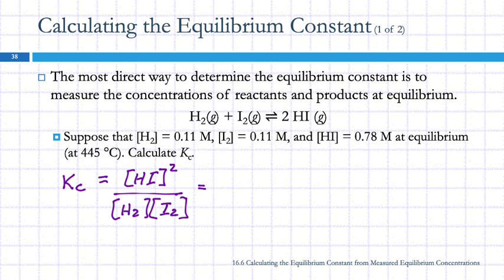We take the numbers, we put them in. So HI is 0.78, and that's going to be squared. I'm going to divide by H2 and I2. Why did I leave out the units?